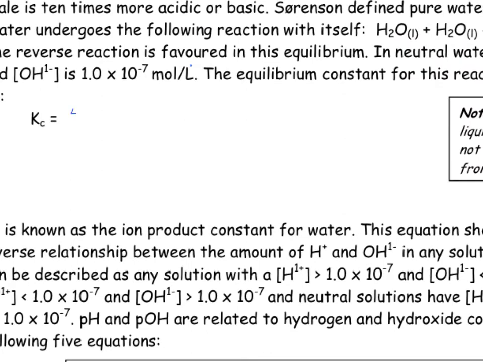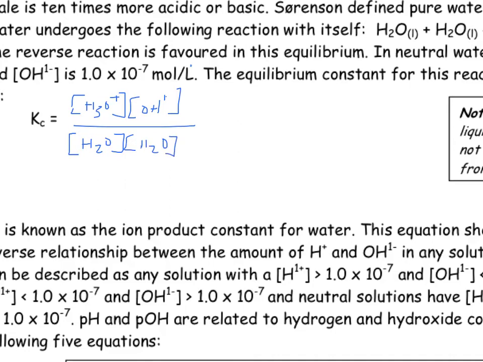Kc equals the concentration of the products raised to their coefficients divided by the concentration of the reactants raised to those coefficients. Now, the concentration of any pure liquid or solid in an equilibrium doesn't change, so they're eliminated from equilibrium expressions.